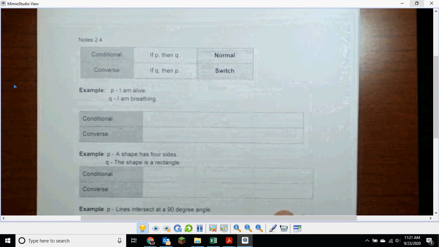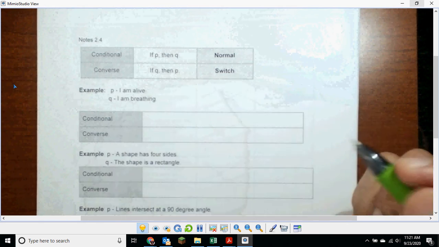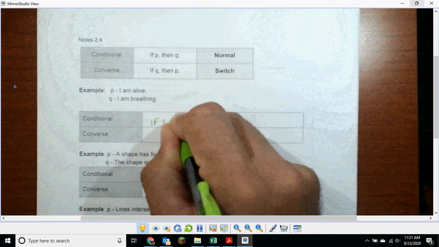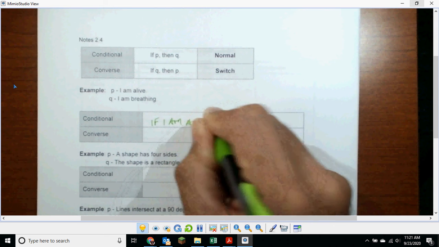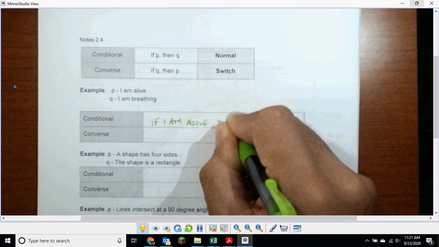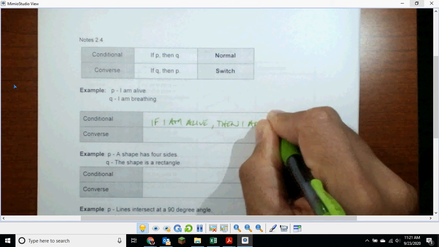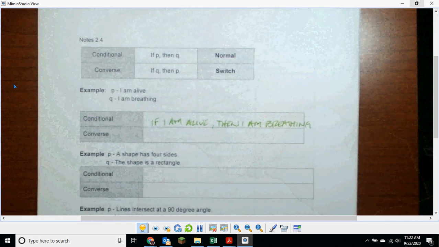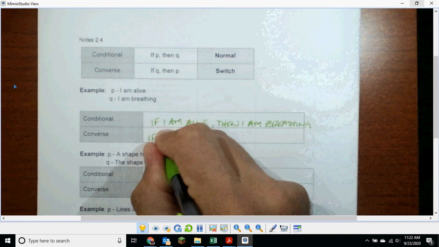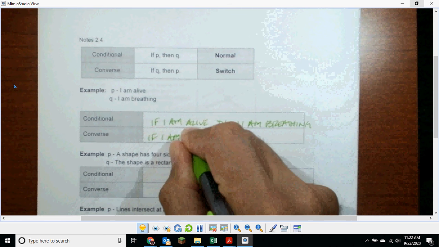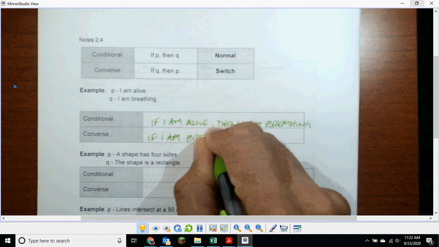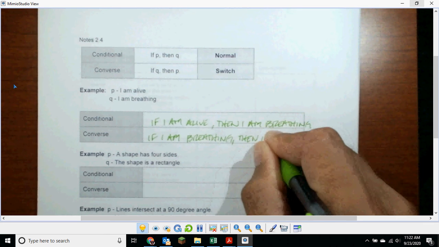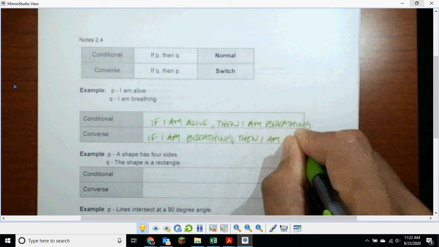For example, if P is "I'm alive" and Q is "I am breathing", then the conditional is: if I am alive, then I am breathing. The converse is: if I am breathing, then I am alive.